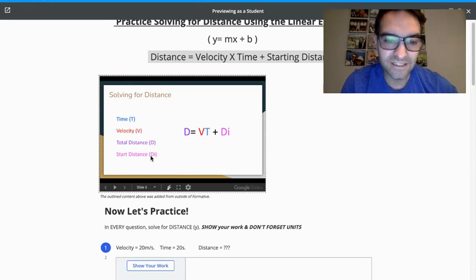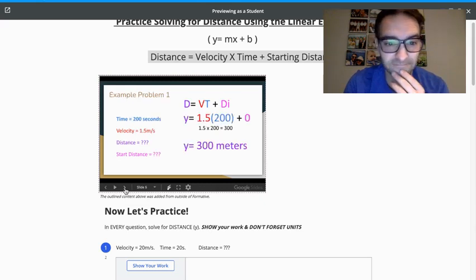And then starting distance, we have labeled here as di, and really what that's saying is your initial distance. So what was the starting point? Distance initial. If I wanted to be more technical, we could label this distance total and then distance initial. But I thought this would simplify it a little bit, especially since most of our scenarios won't have the di. But it's important to know that it's there in case you see it.